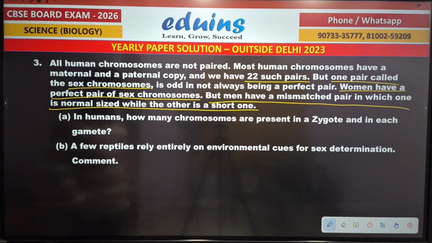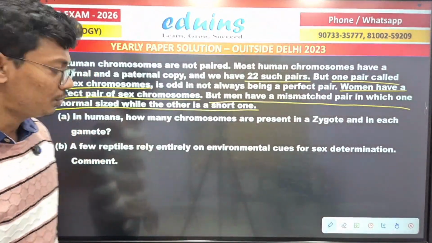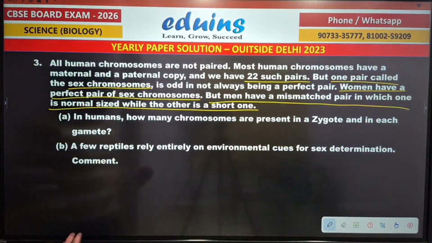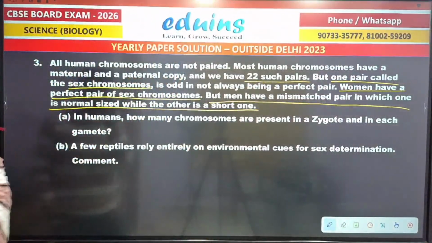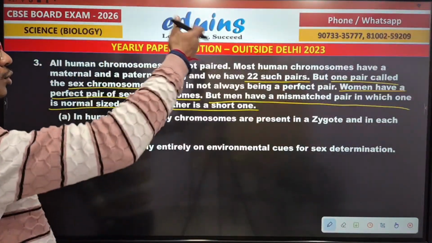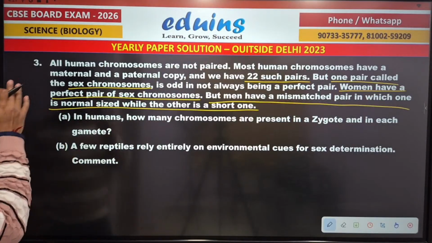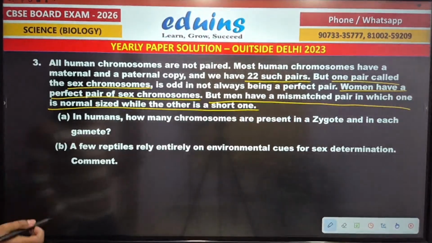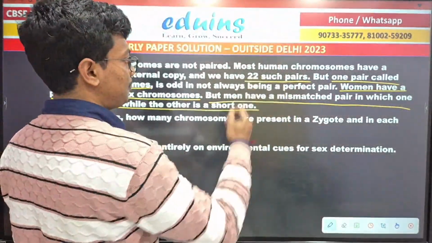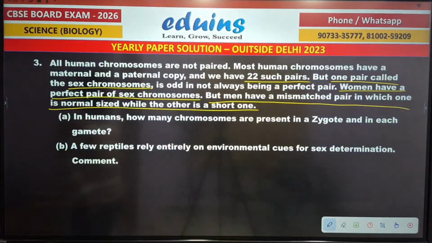From the previous one, I have already told you that gametes are haploid, containing half the number of chromosomes. Here it is given that most human chromosomes have a maternal and paternal copy, and we have 22 such pairs, but one pair is called the sex chromosome.